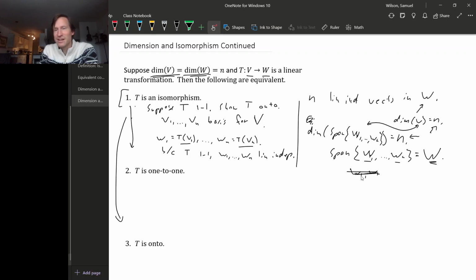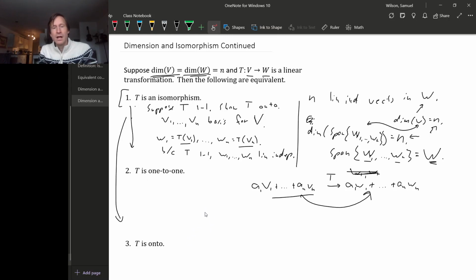So if we take any linear combination of these w's, like this, that gets hit by T by the same linear combination, but with the v's. So a1 v1 through an vn. Right? If we apply T to this and then use the linear transformation property to distribute, the T hits all the v's, turns them all into w's, and we get this. So that shows that T is onto.